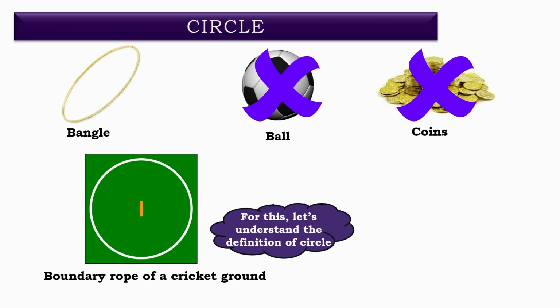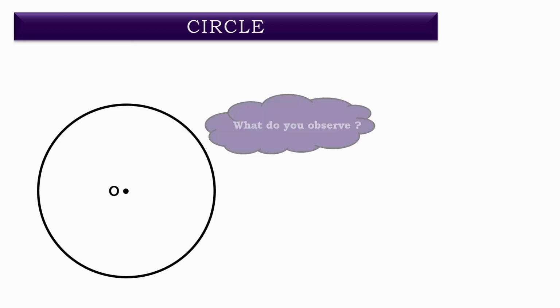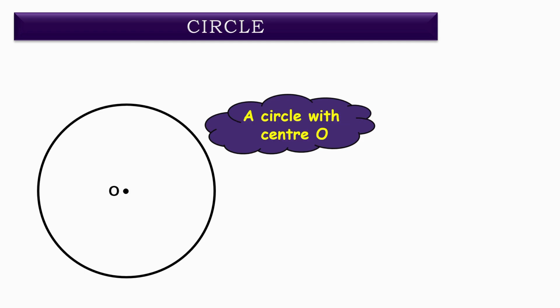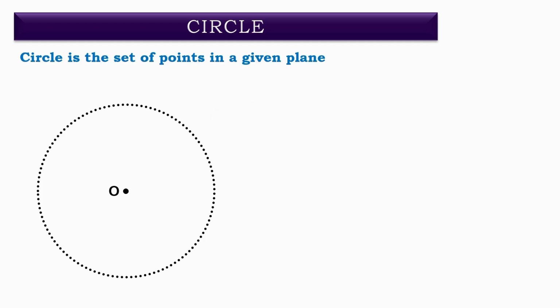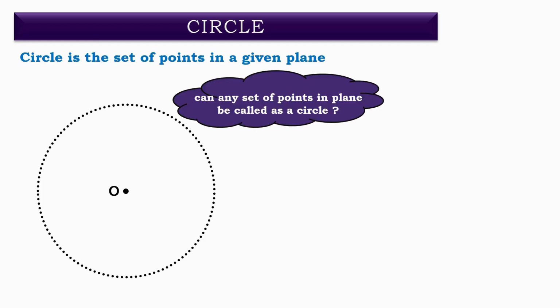For this, let's understand the definition of circle. So now we will first take a look at what circle means. Here, what do you observe? A circle with center O. Now let us define the circle. So a circle is a set of points in a given plane. Can any of these points in the plane be called a circle?